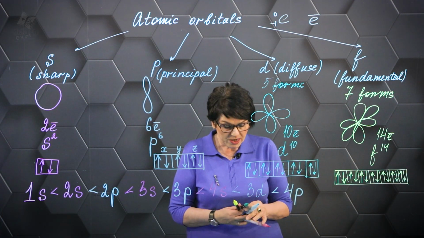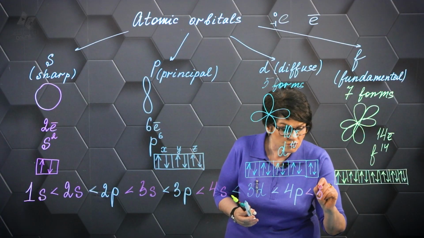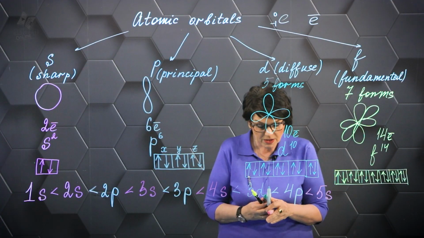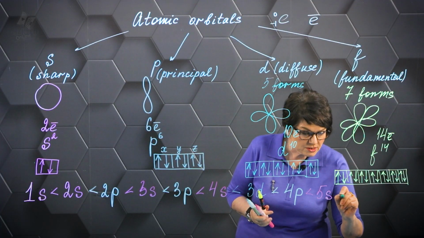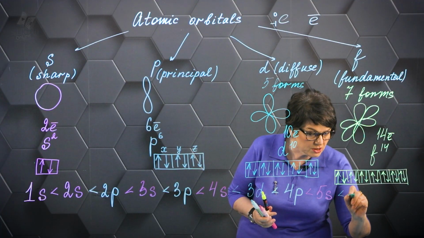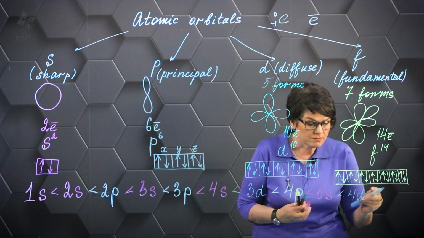And for example, let's show also for the fifth period. The fifth period will start with 5s. Then the elements with 4d will come next. And then come the elements that have 5p.